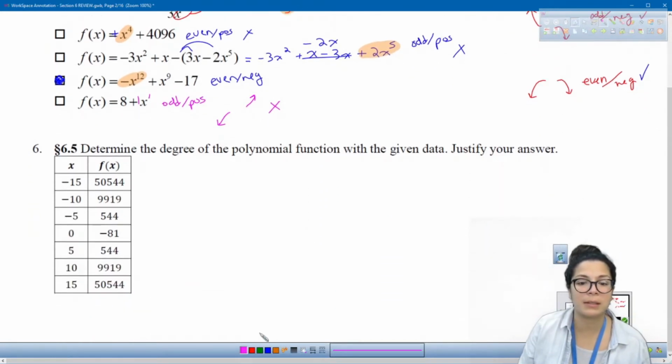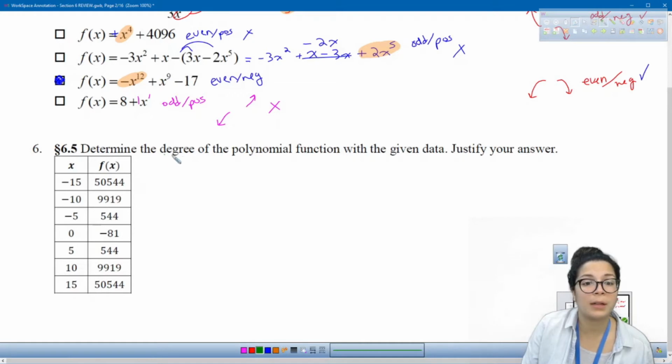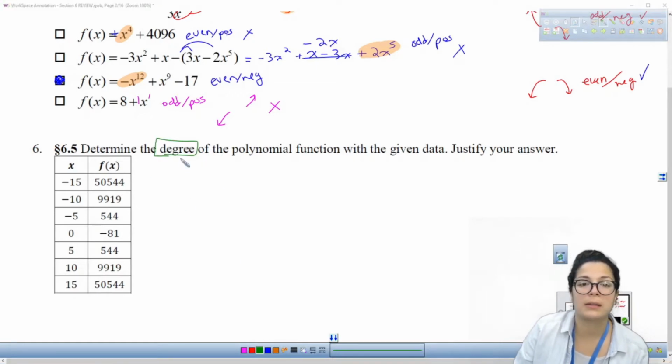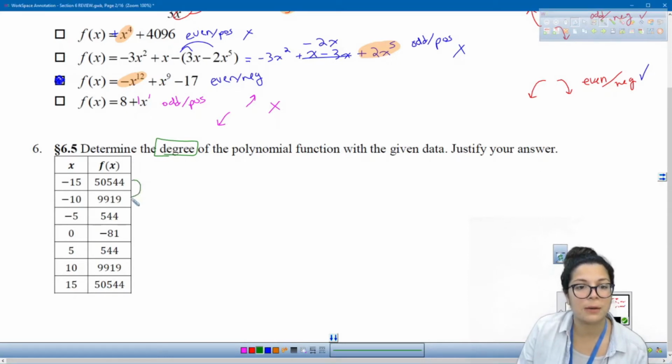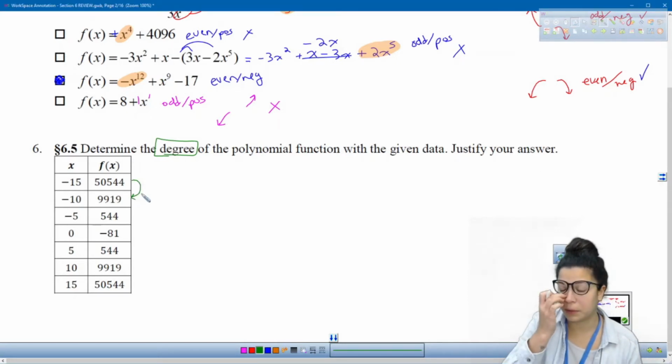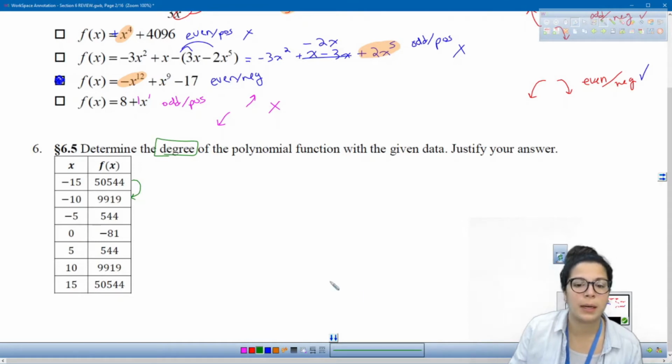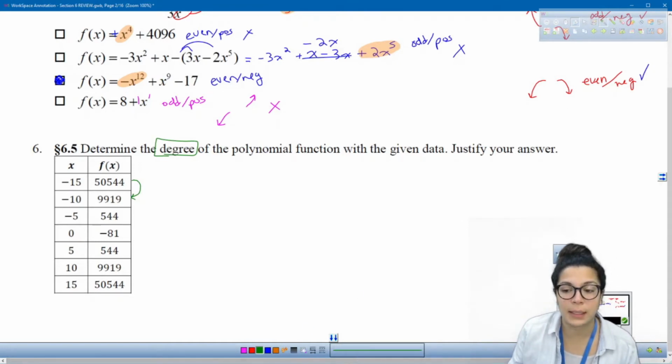Number 6 says, determine the degree of the polynomial function with the given data. When we're determining the degree, all we have to do is find the successive differences. So we need to find the difference from 50,544 to 9,919.